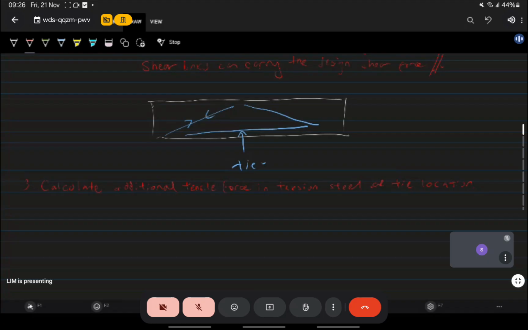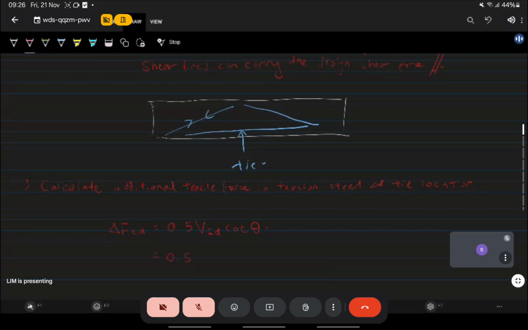So the formula is delta FTD. This is the additional tensile force, and it's 0.5 VED cot theta.